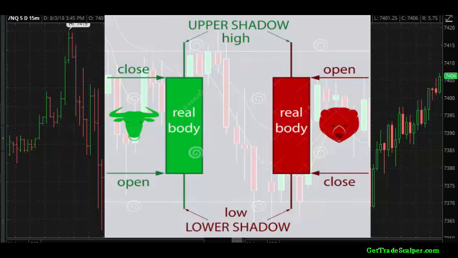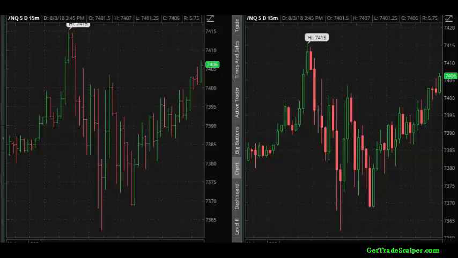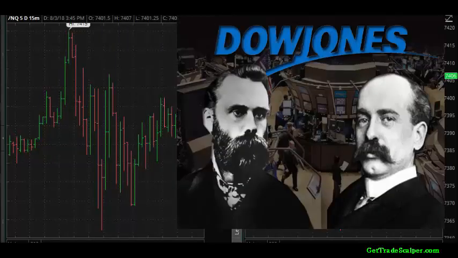Now, the Japanese began using the technical analysis of a chart type, if you will, back in the 17th century. This earlier version of technical analysis was different from the U.S. version that was initiated by Charles Dow back around the 1900s.